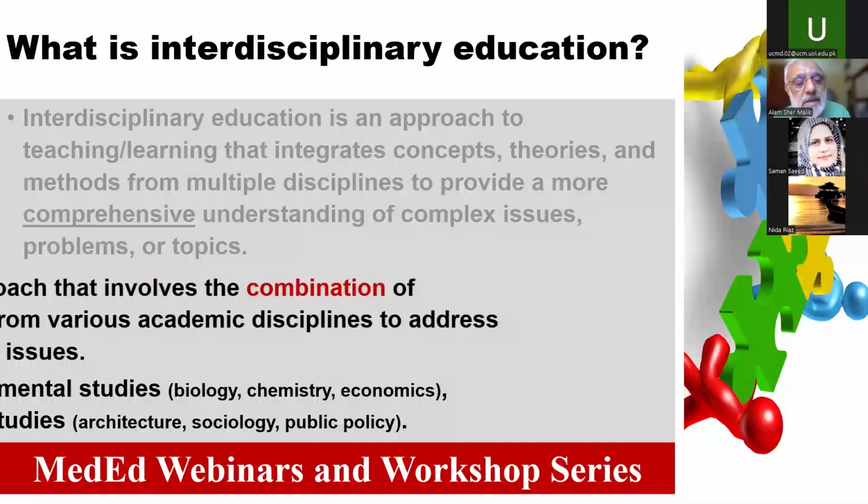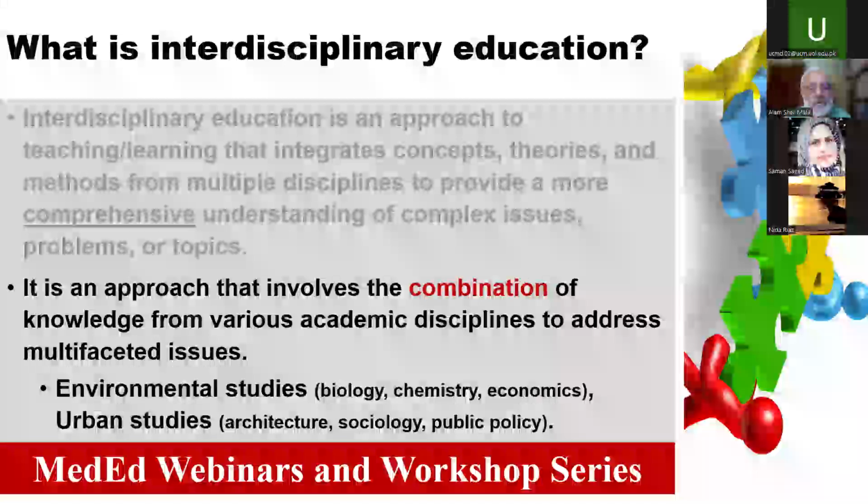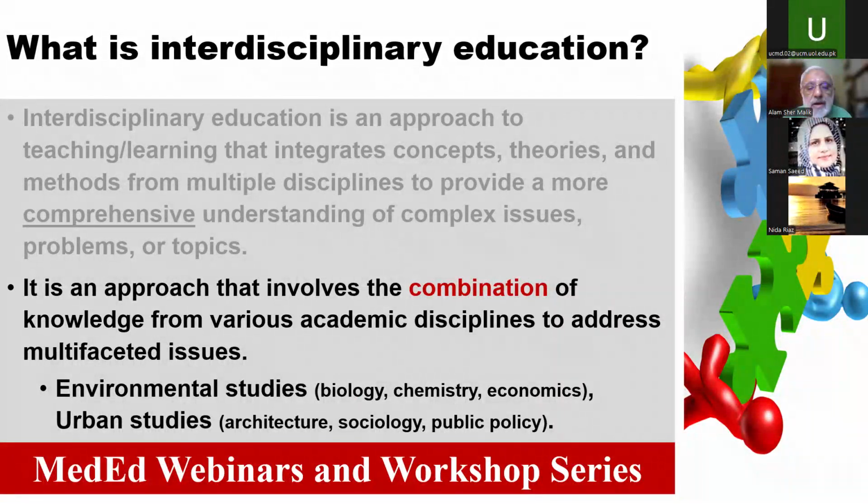It is an approach that involves the combination of knowledge from various disciplines to address multifaceted issues. So combination of knowledge from various disciplines. For example, in the field of environmental studies, it would involve biology, chemistry, economics.